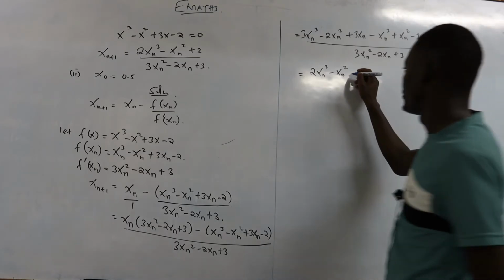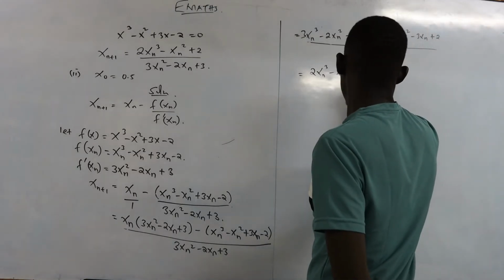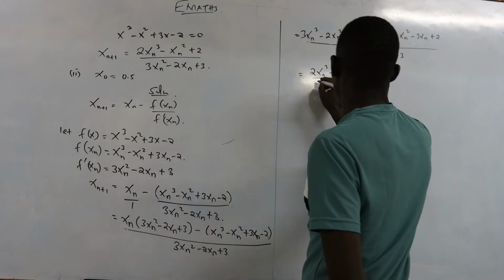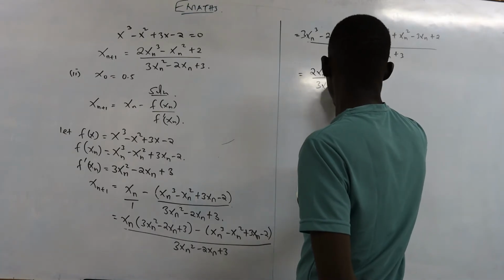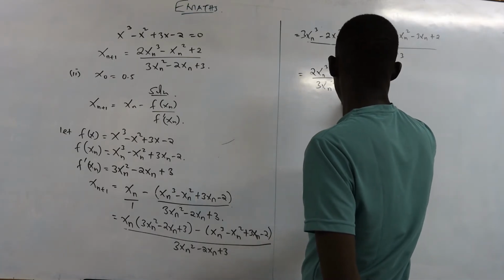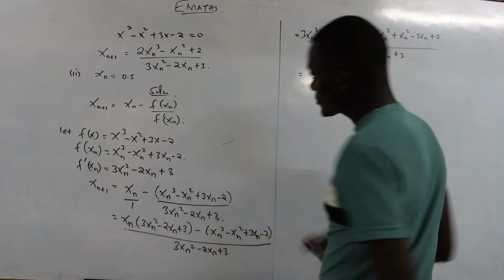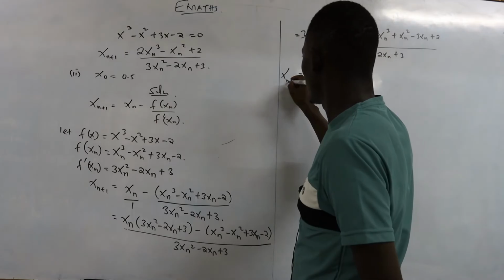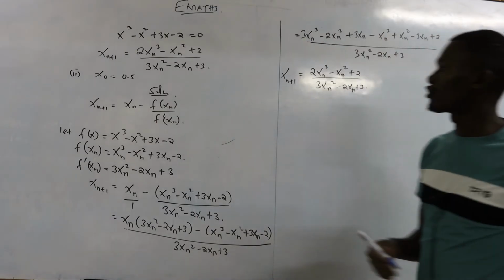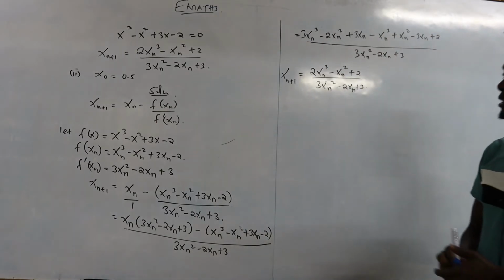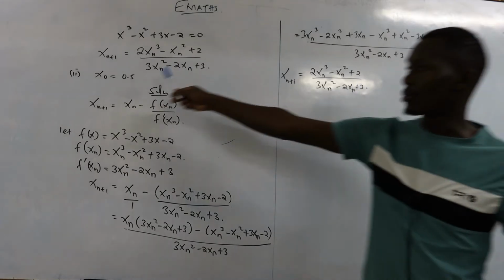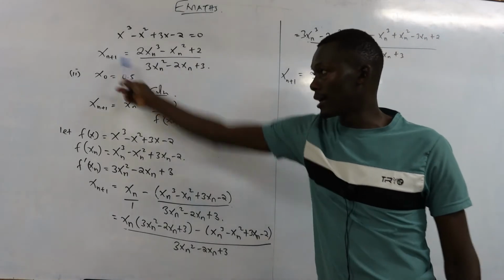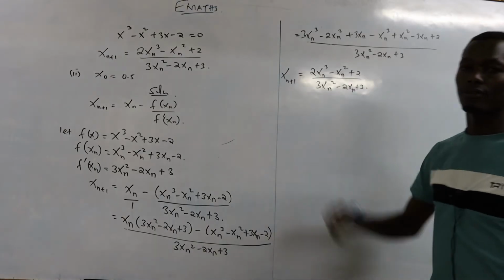You remain with 2. So plus 2. Then therefore all over 3xn squared minus 2xn plus 3. And that is the better approximation, xn plus 1. So have we proven that indeed we have that as the solution? Yes, correct. Because the better approximation here is just what we have just found.